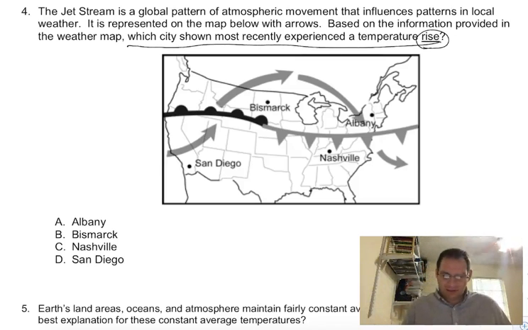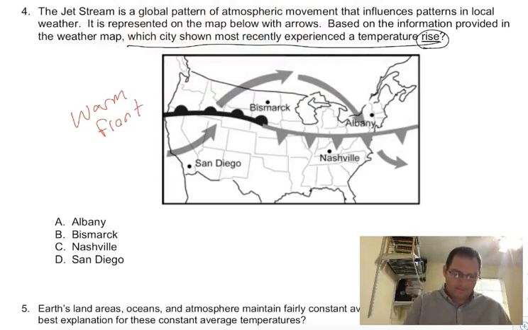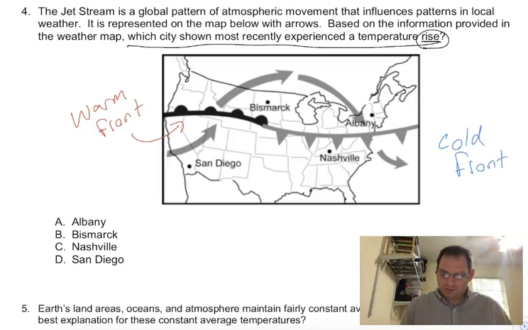All right, so let's look. We got a, let's change the colors again, why not? Warm front. It's right here. We got a cold front. It's a weird looking F. Let's fix that F. That is right there.